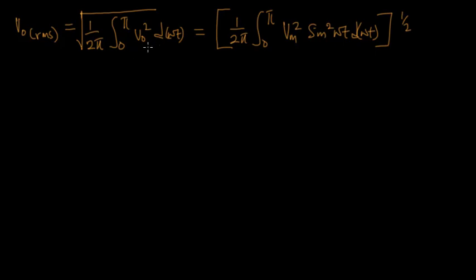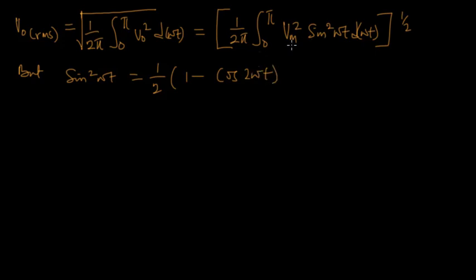Of course, recall that Vout is equal to Vm sine omega t, so we are simply substituting for Vout. Since we are looking at the square of Vout, it is simply Vm square sine square omega t. But sine square omega t is equal to 1 over 2 into 1 minus cos 2 omega t.